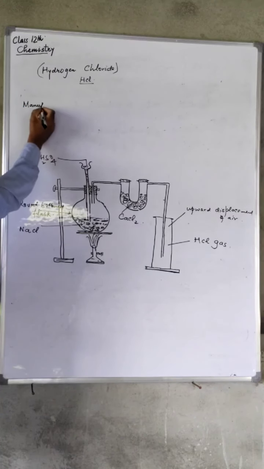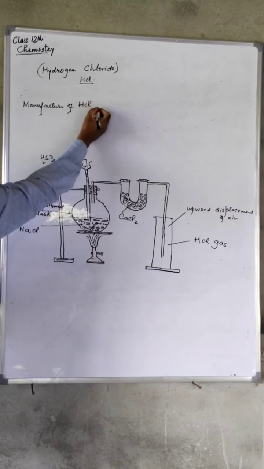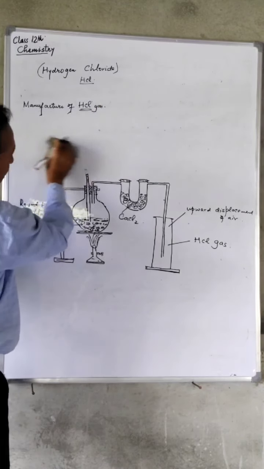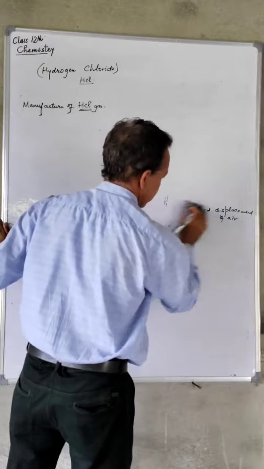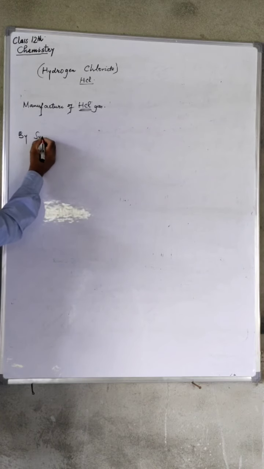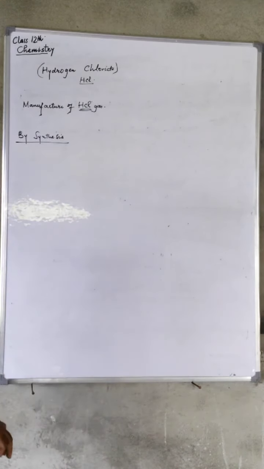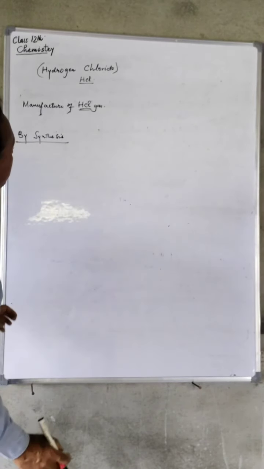Manufacture of HCl gas, hydrogen chloride. For this we do synthesis. By synthesis, hydrogen and chlorine readily react in presence of diffused light or at high temperature and they form HCl.